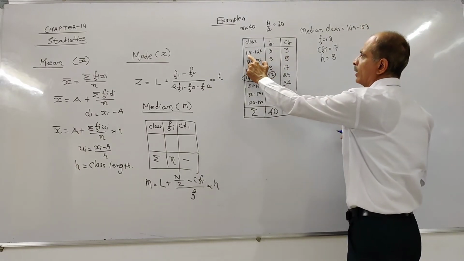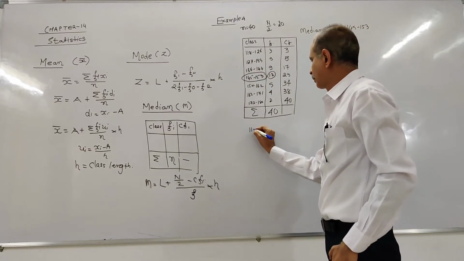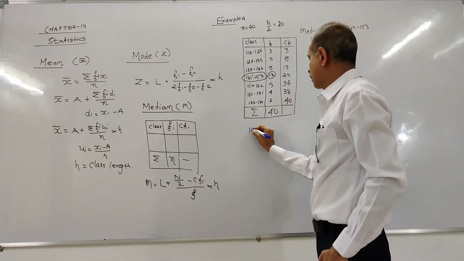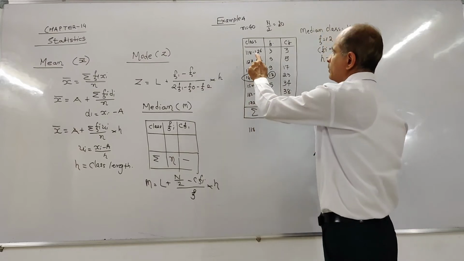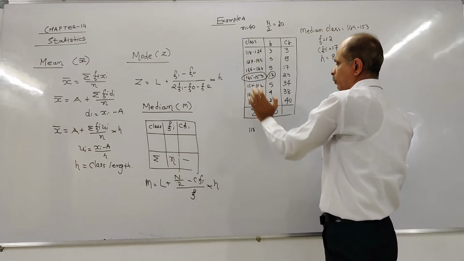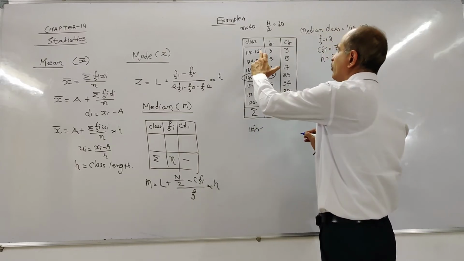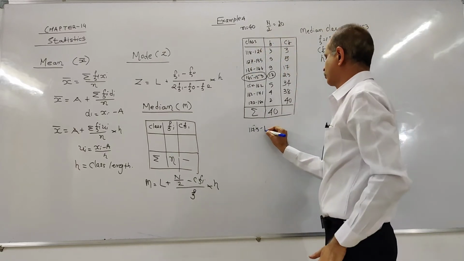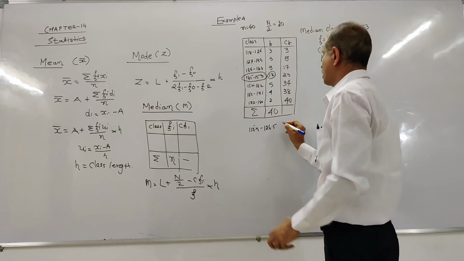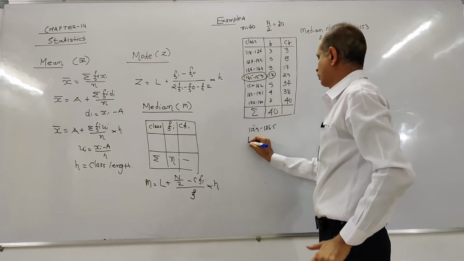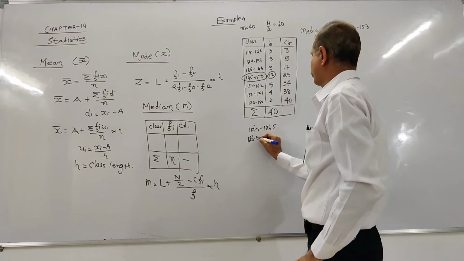So here you have to find out 118.5. 0.5 is subtracted from this lower limit, so you get 117.5. When you add 0.5 in the upper limit, you get 126.5. When you subtract 0.5, you get 126.5.